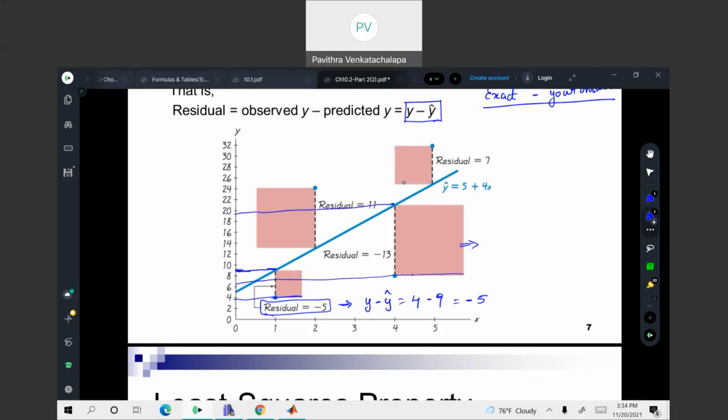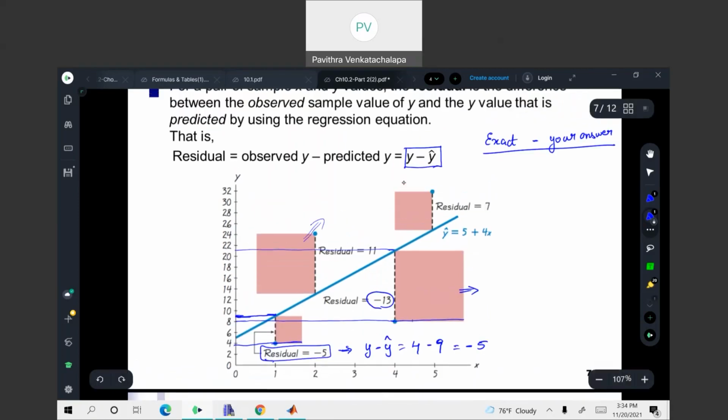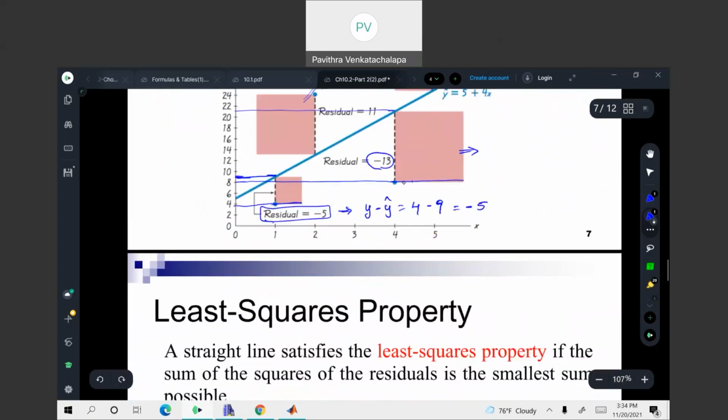Now, if you subtract these 2 points, you have to get that. Okay. In the same way, you can find these 2 points as well. So this is how you find the residual plots.